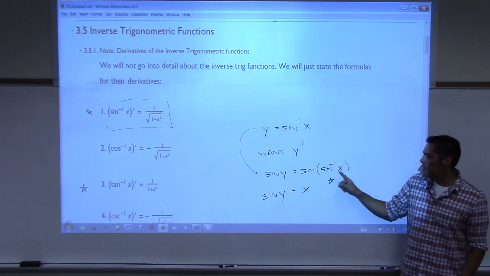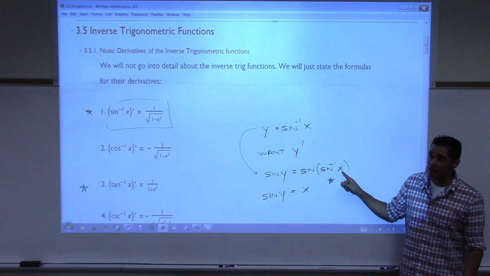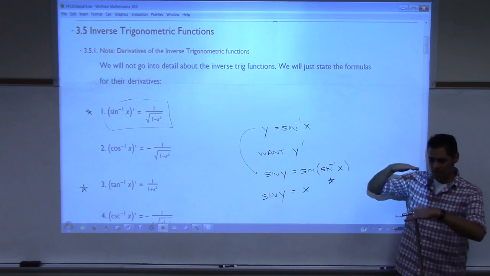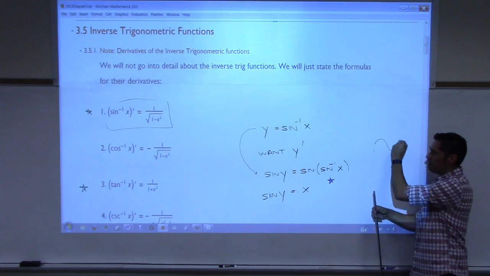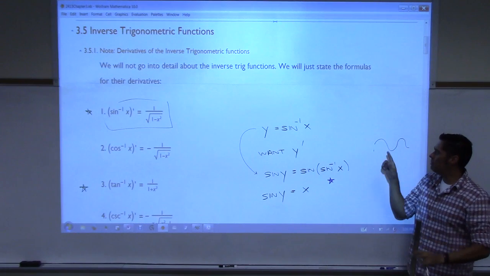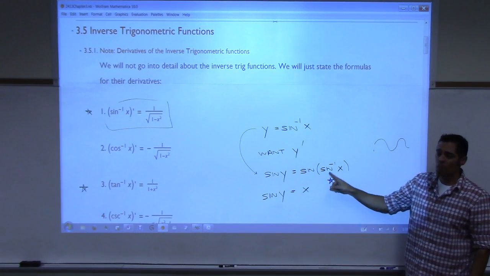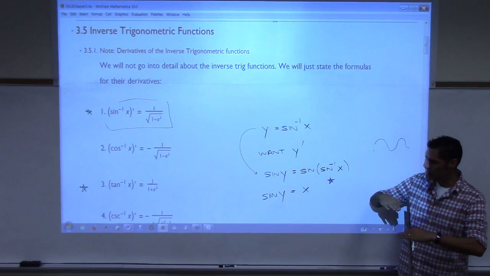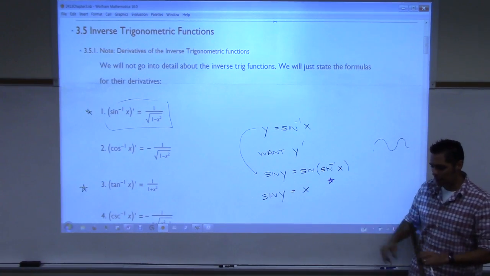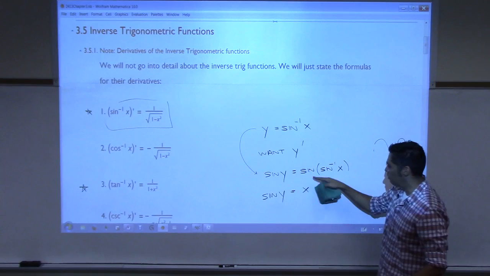If you go back to pre-cal, that x has to be between -1 and 1, because that's the range of the sine function, right? Sine goes between -1 and 1. So the range of the sine function becomes the domain of its inverse, and they switch places. So the domain of this is between -1 and 1. Again, let's not get caught up with technicalities. Let's just move from here to here.